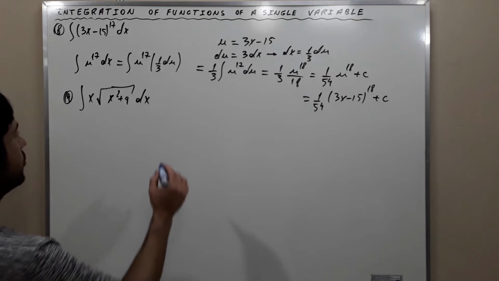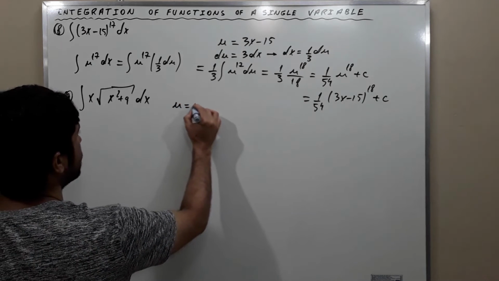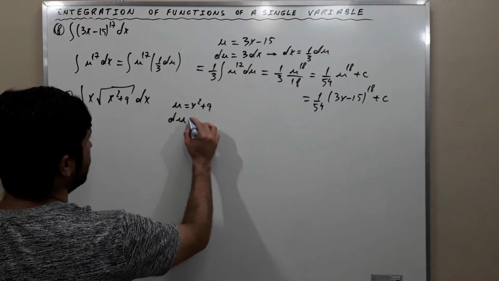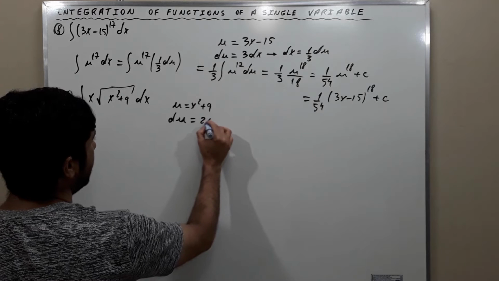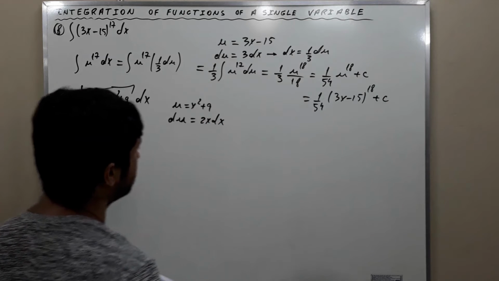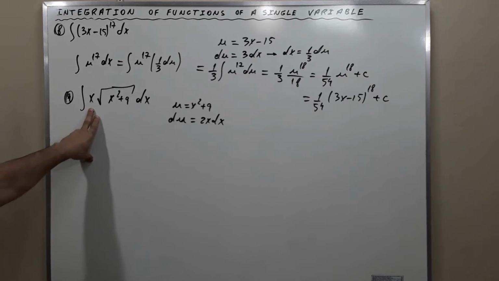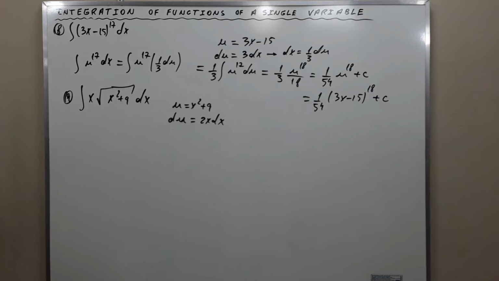We are going to use that u is equal to x squared plus 9, where du is equal to 2x dx. Okay? And here, notice that we already have this x here, and it's going to serve us greatly.